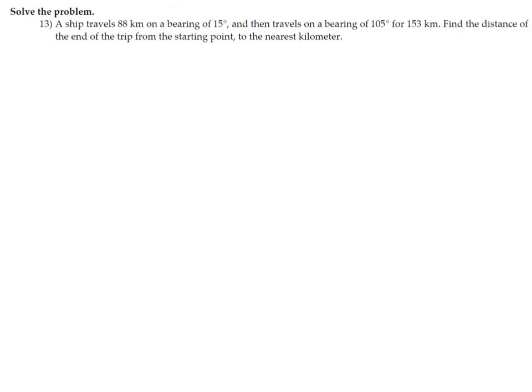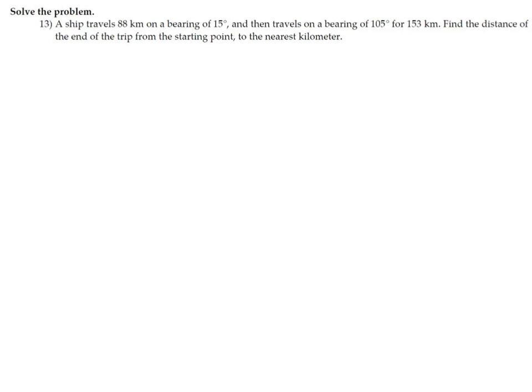A bearing of 15 degrees, if they don't tell you it's north 15 degrees east or south 15 degrees east, then this is always based on north. So a bearing of 15 degrees is actually 15 degrees from north. A bearing of 105 degrees is 105 degrees from north. And next thing is you have to know that it's positive, it's clockwise.